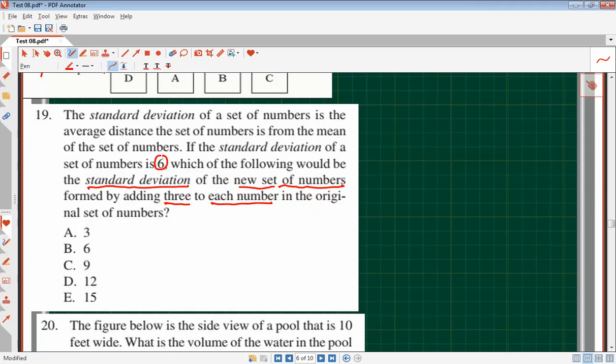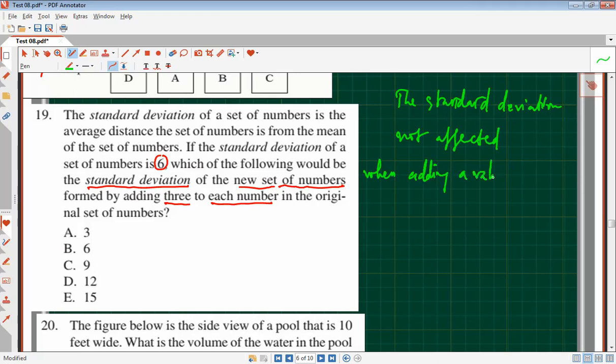First, I have to say that the standard deviation is not affected when a value is added to every number in the set.